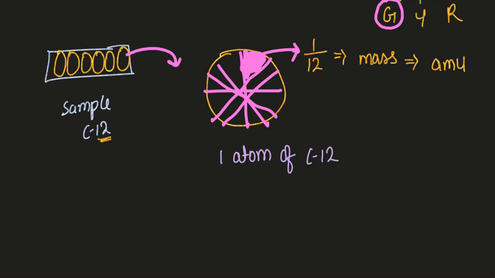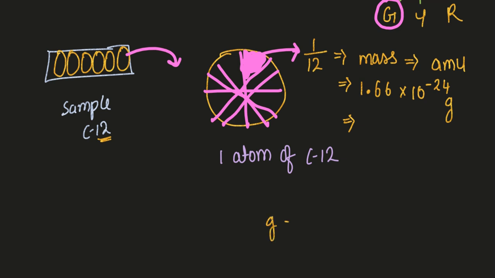Its value was found experimentally. One piece has some value, and its value was found to be 1.66 into 10 to the power minus 24 grams. Suppose I ask you in terms of kg.